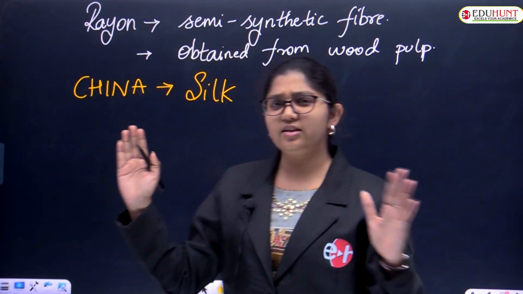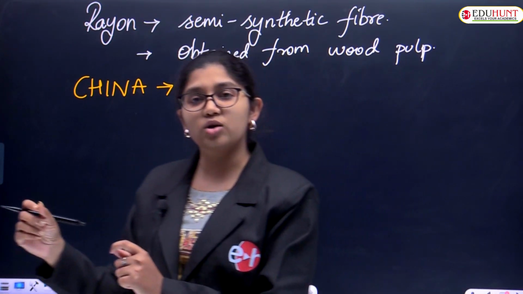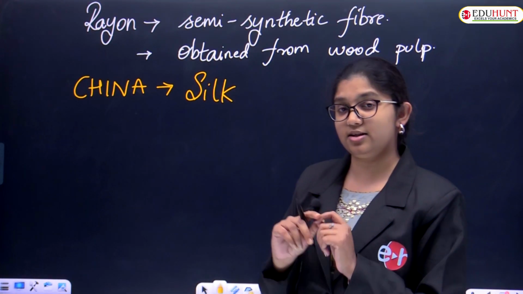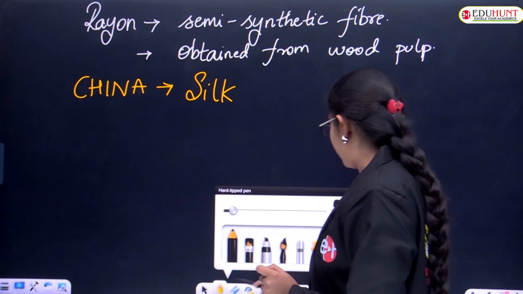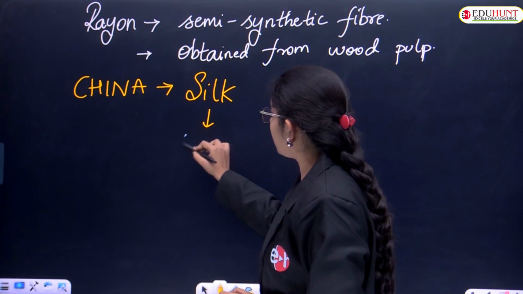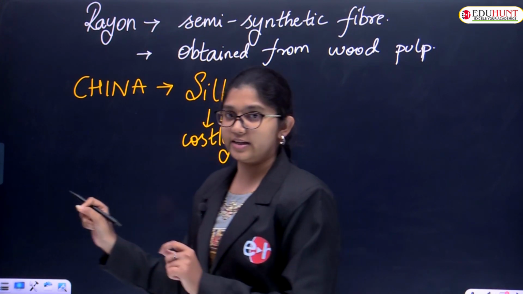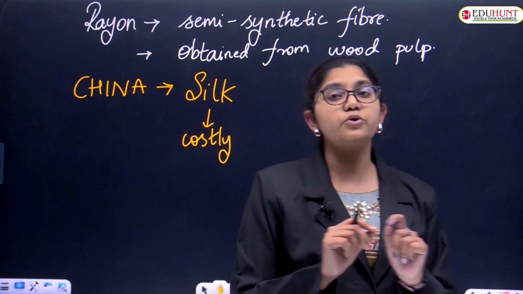China discovered silk, and they started manufacturing clothes, garments, etc. All these silk clothes are very costly, and people used to buy them because of the great demand, because of their very beautiful appearance.